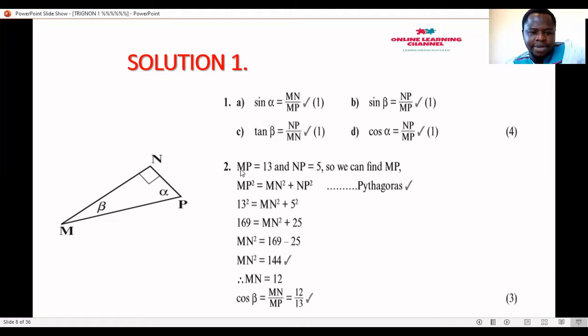So now they're saying that if MP is equal to 13 and NP is equal to 5.